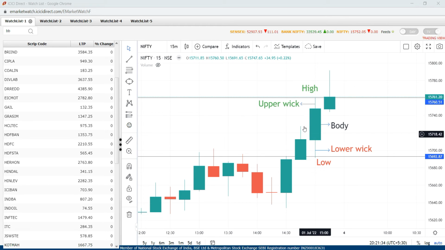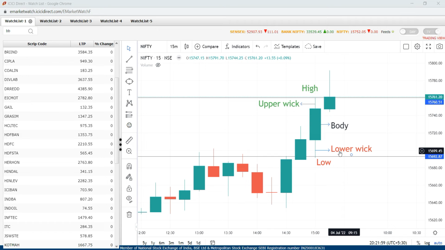The filled part is always called the body of the candle, and this is the high of the candle, and this is the low of the candle. This is called the upper wick, and this is called the lower wick. This is common whether it is a red or a green candle.